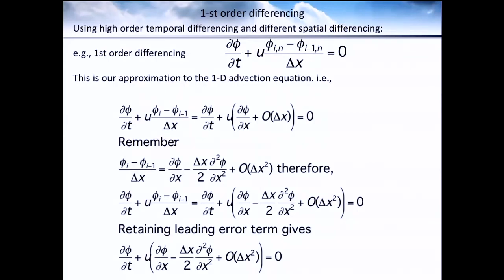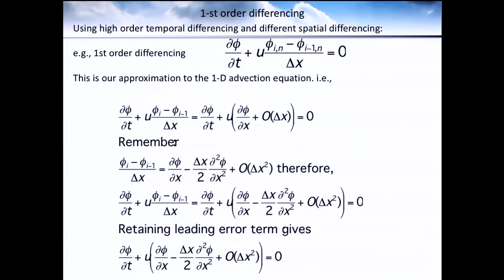And then what I'm going to do is subtract phi i from both sides. So that's minus phi i minus 1 minus phi i gives us plus phi i equals delta x d phi dx minus delta x squared on 2 d2 phi dx squared plus dot dot dot.